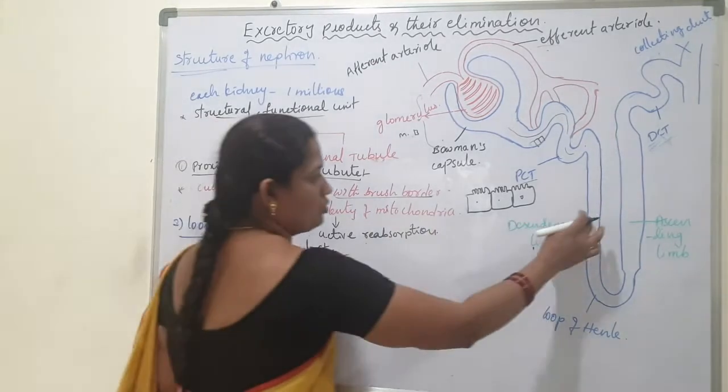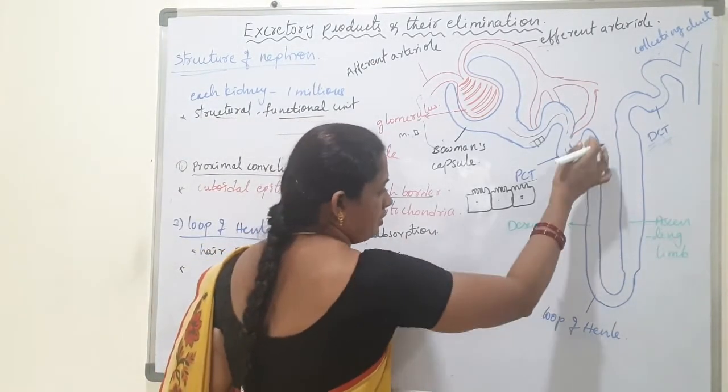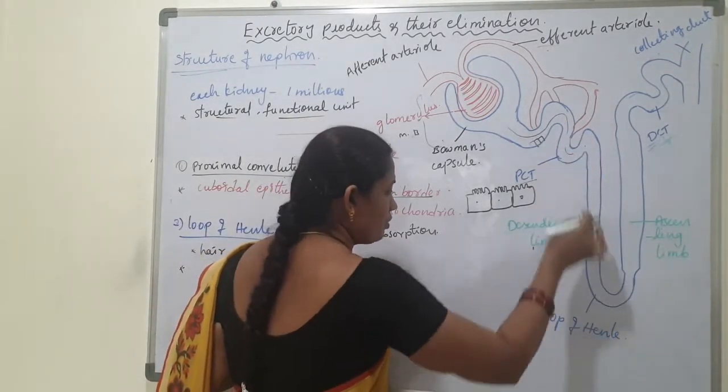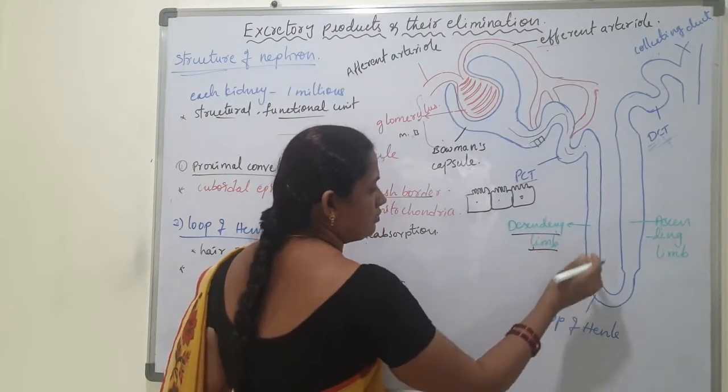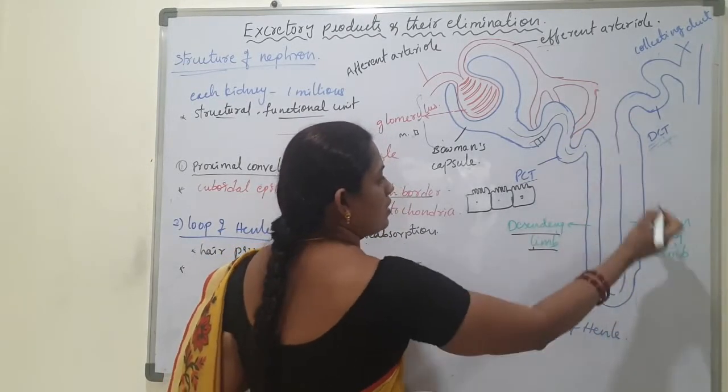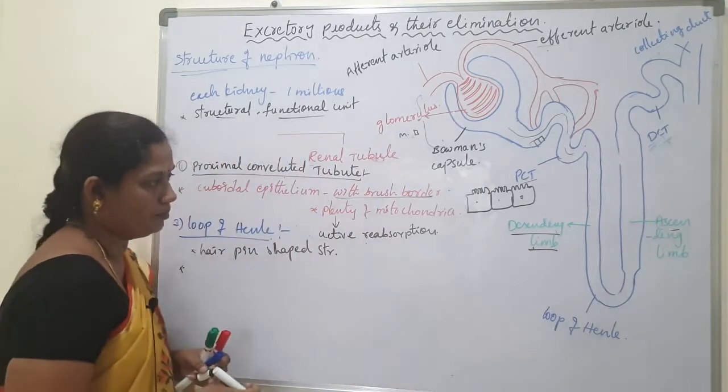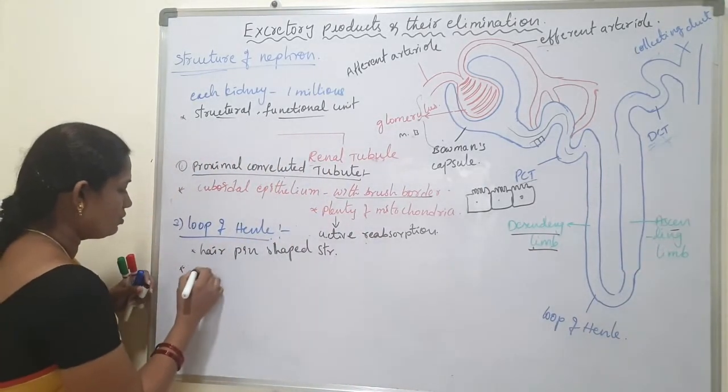It has two tubules. The one going down is called the descending limb. The one going up is called the ascending limb.